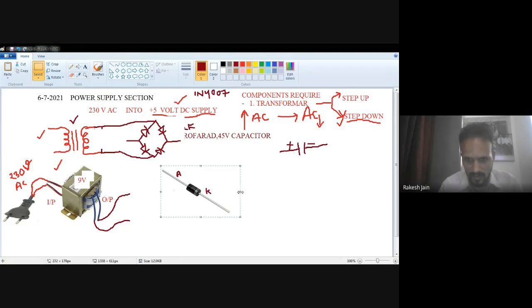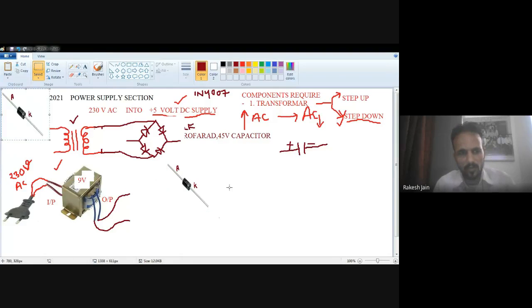Okay, I just decrease the size. So 4 diodes I require.